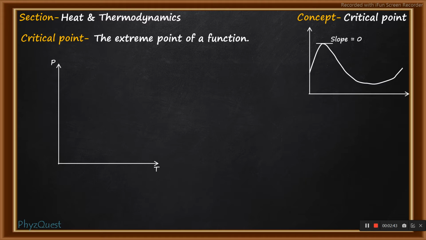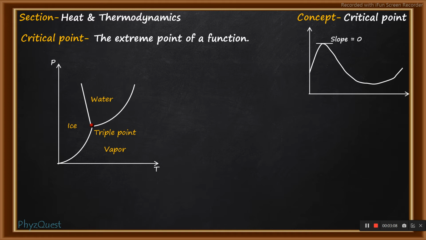In case of water, there are three phases, ice, water and vapor, separated by three phase boundary curves, and the three curves merge at a single point known as the triple point. At this point, all three phases coexist.